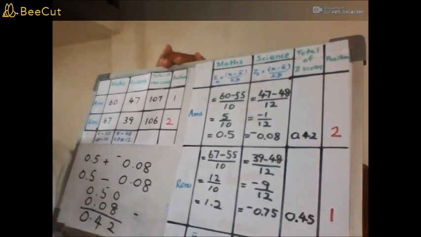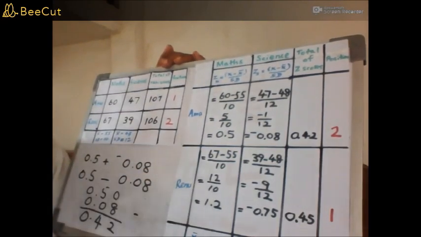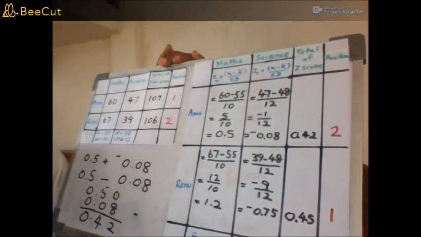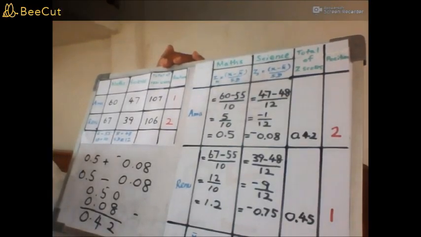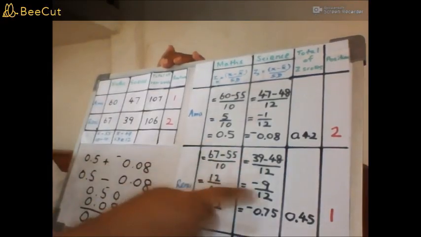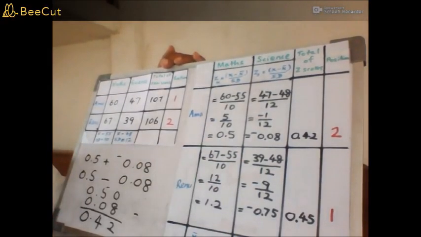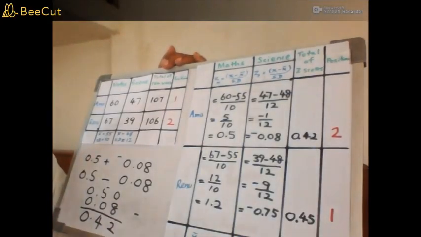So this is one type of question. When we get the Z scores, we can make accurate judgments and also fair judgments, and we can compare two subjects. Those are the uses of Z score.